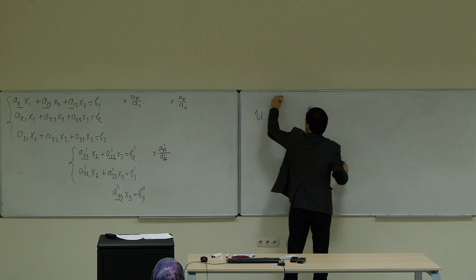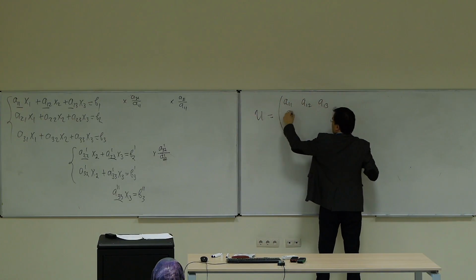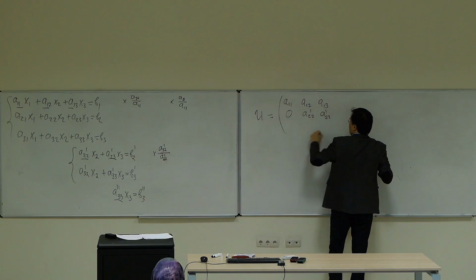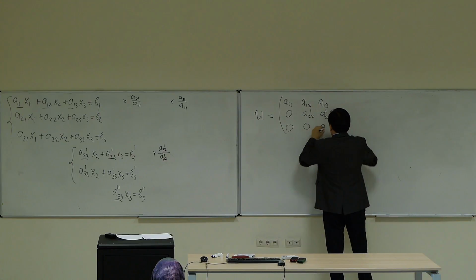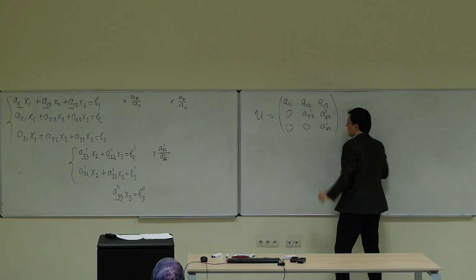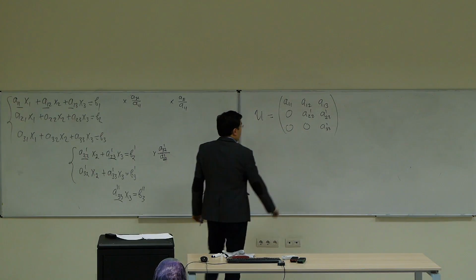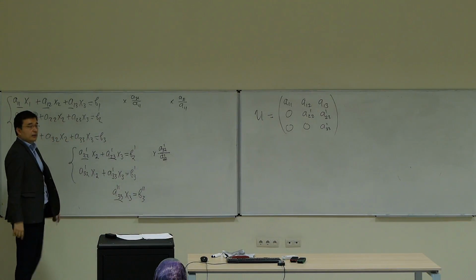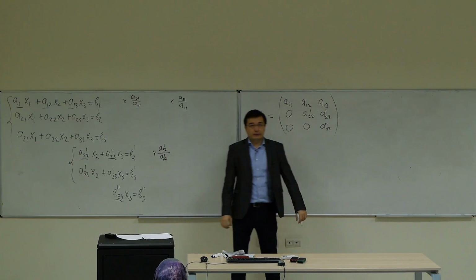So it turns out U is just A11, A12, A13, 0, A22 prime, A23 prime, 0, 0, A33 double prime. Okay, it turns out U has this form. That is U.